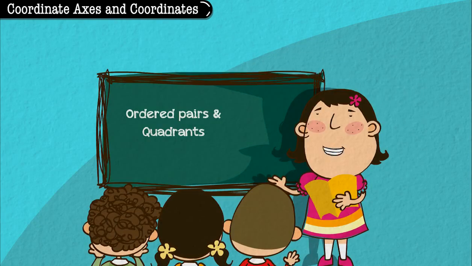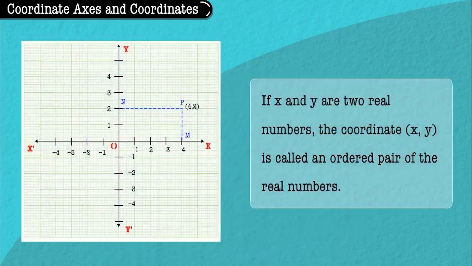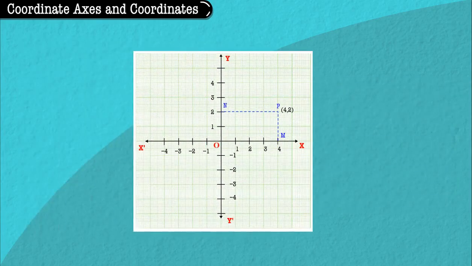Now, let's see what are ordered pairs and quadrants. If x and y are two real numbers, the coordinate (x, y) is called an ordered pair of the real numbers. In an ordered pair, x is called the first entry or first coordinate and y is called the second entry or the second coordinate.